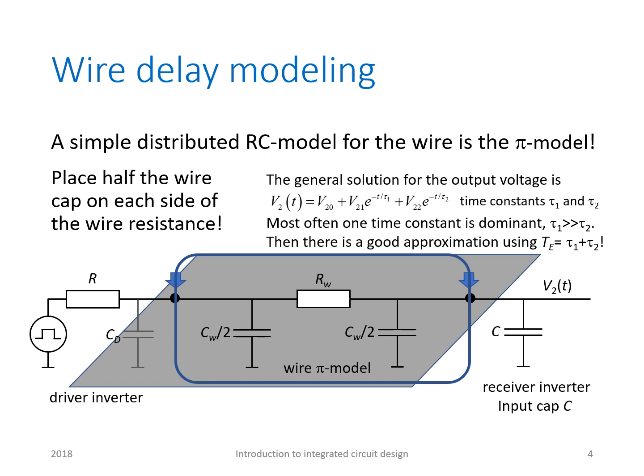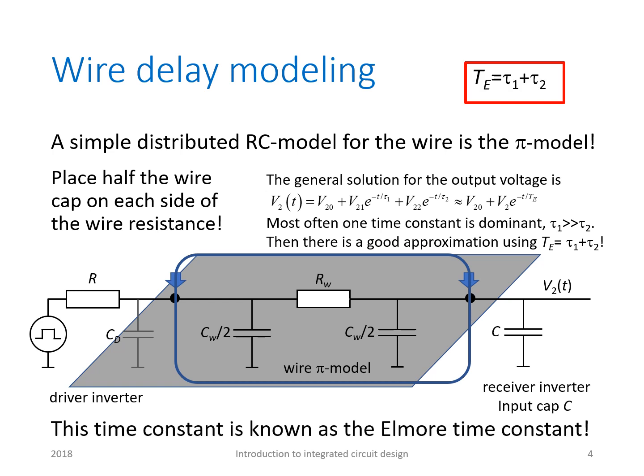Then there is a good approximation using the Elmore time constant, being the sum of the two, and replacing the two exponentials with one single exponential. This time constant, as I just said, is known as the Elmore time constant. It's after Bill Elmore, who developed this delay model under the assumption of a dominating time constant.